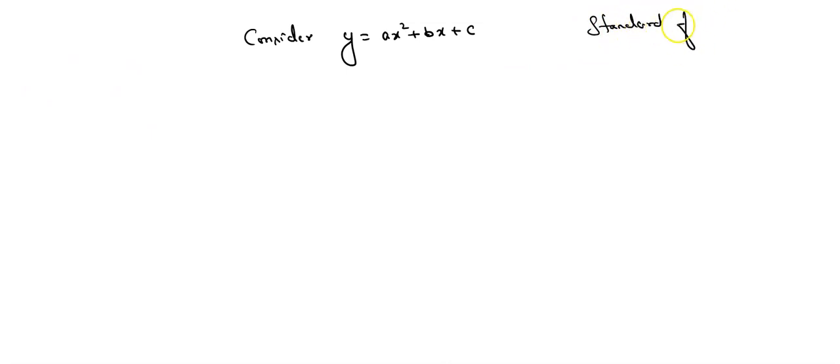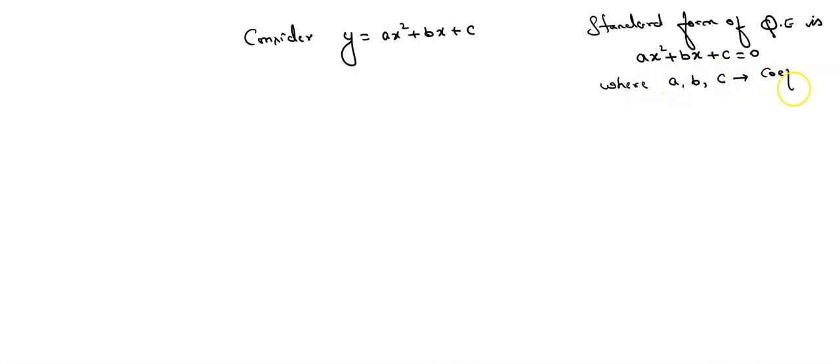We know that the standard form of a quadratic equation is ax square plus bx plus c = 0, where a, b and c are coefficients, or sometimes we call them constants, and x is the variable.